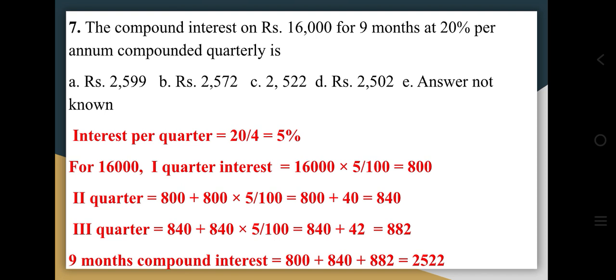So first quarter is 800, second quarter interest is 840, third quarter interest is 882. So for the 9 months, that is 3 quarters, the compound interest is 800 plus 840 plus 882, that is 2522. So the answer is choice C.